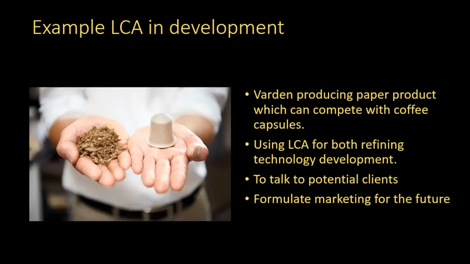And they've been using a light form of big LCA, but nevertheless using LCA software and using that to actually help refine their manufacturing processes and understand where their hotspots are, and actually made some changes to their technology. And then eventually they will use that in a marketing sense to market to potential clients of a product like that.